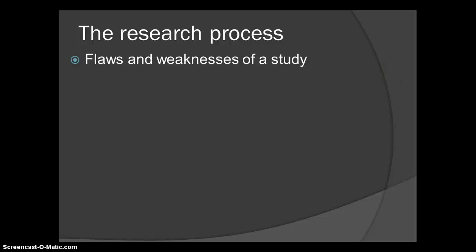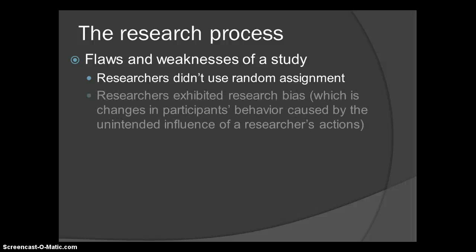Some examples of flaws and weaknesses of a study can be that the researcher did not use random assignment, or that the researcher exhibited research bias. That is when you know that a participant is in a certain group and you think about how they should be acting. So if they're watching a fun and happy video and I expect their mood to be better after watching that video, and I know which group they are in, I might be smiling more towards them.